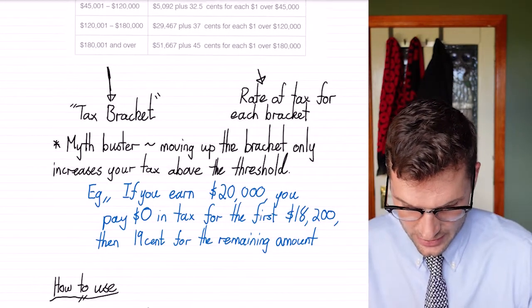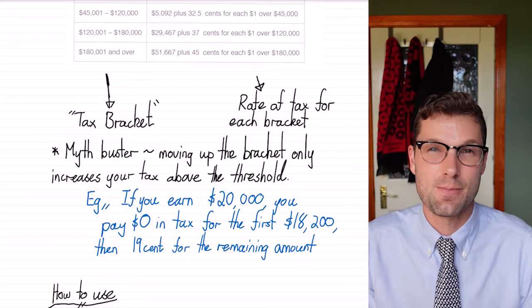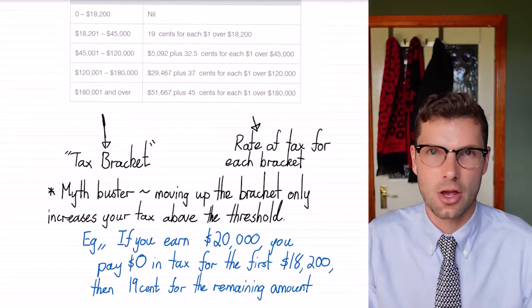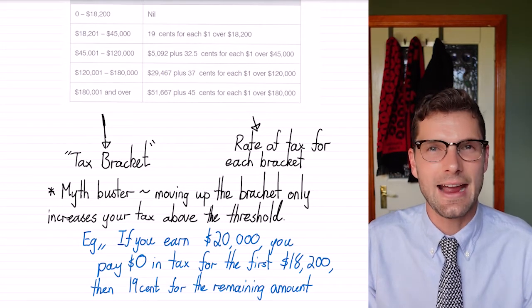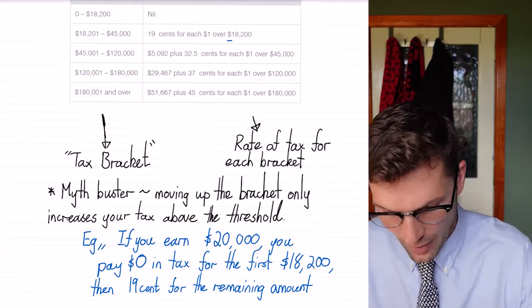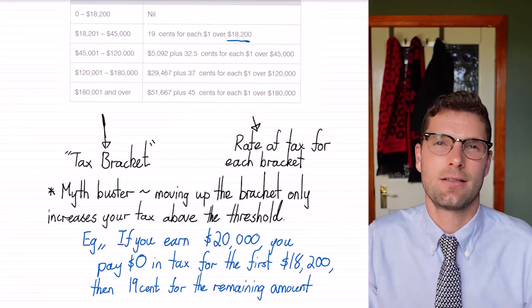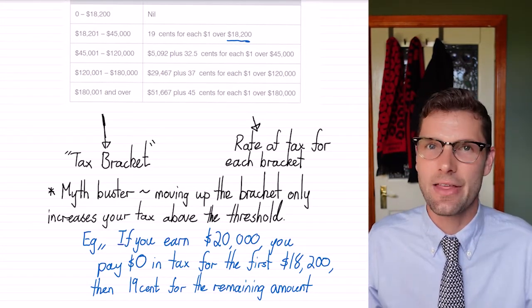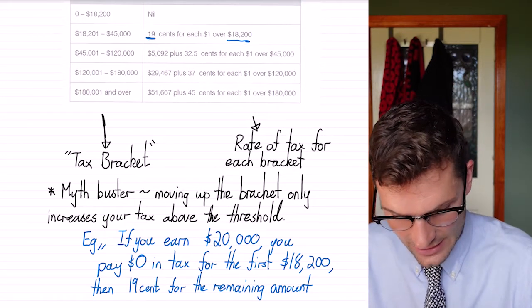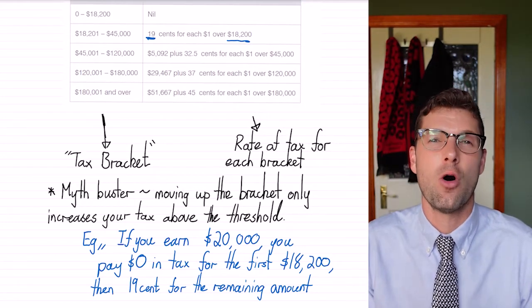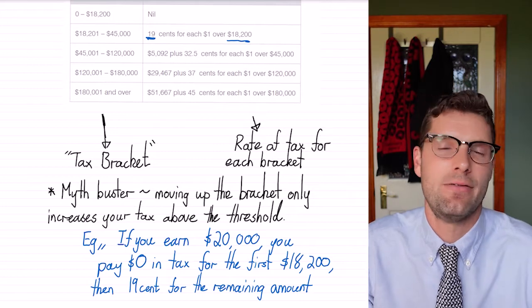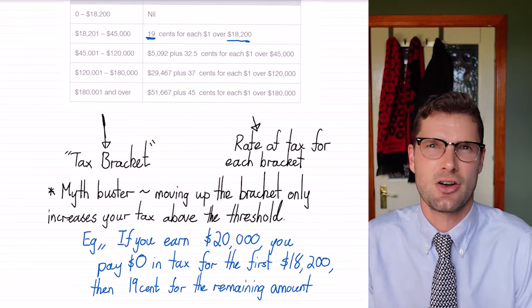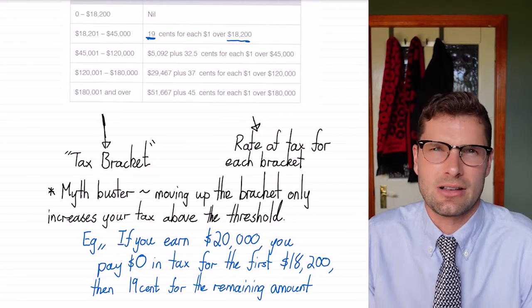Just a really big note: this myth idea is that if you earn 20 grand, you only get taxed on the amount above $18,200. So for that first bit of money, you get taxed nothing, and you're only going to get taxed 19 cents for the $2,000 above 18 grand. So that's why making more money is not going to end up with you having less.